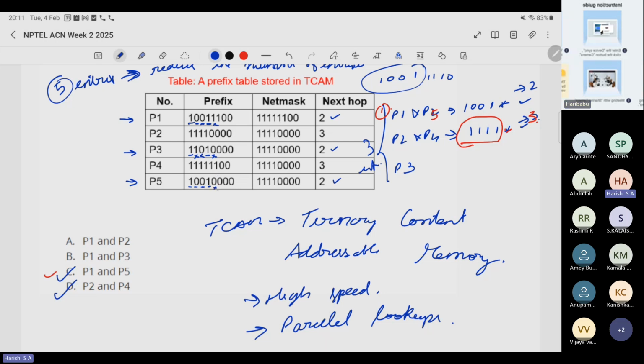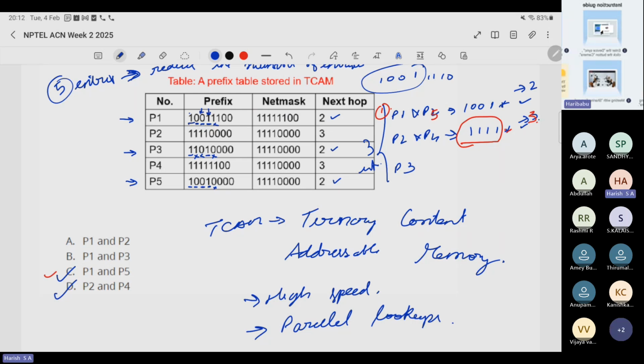So when I say common, I think this is where the confusion is. You cannot compare bit by bit in that sense. When I say the fourth bit is common, every bit before it should also be common. If I say this bit is common, every bit before this should also be common. Got it?